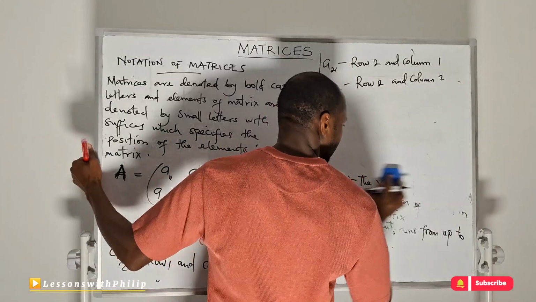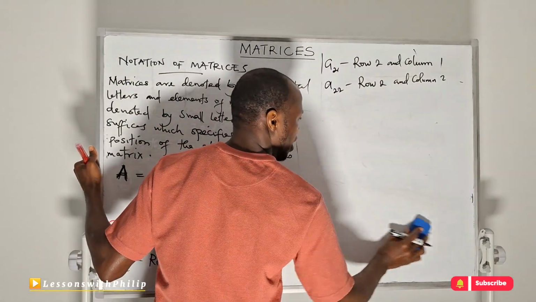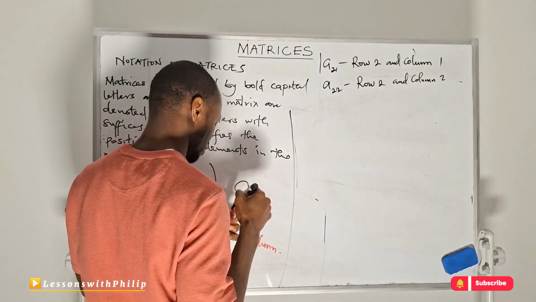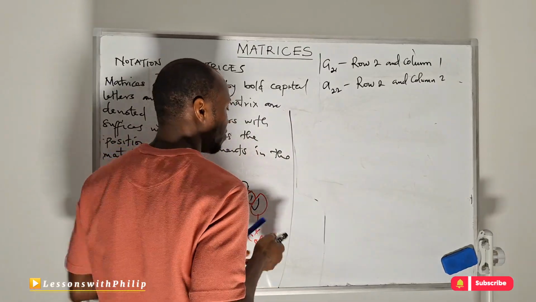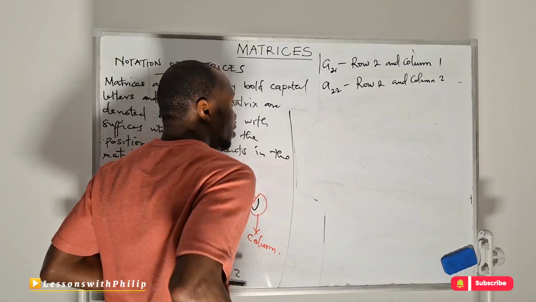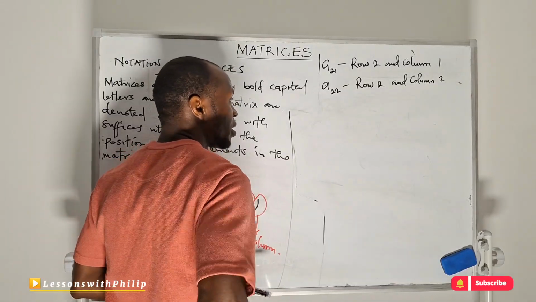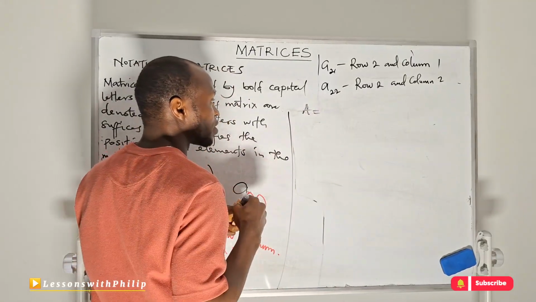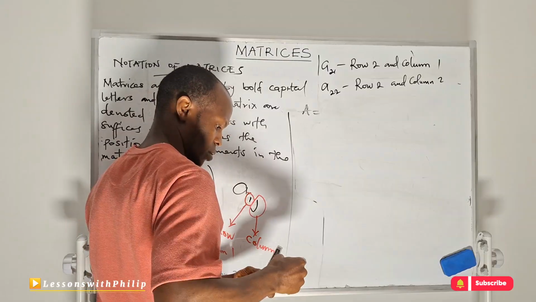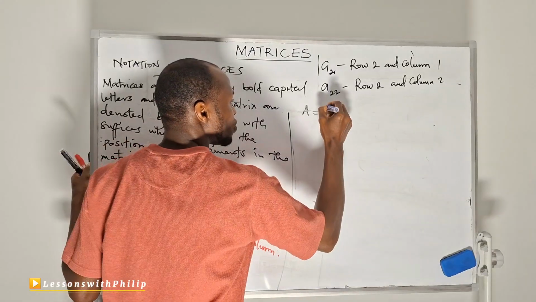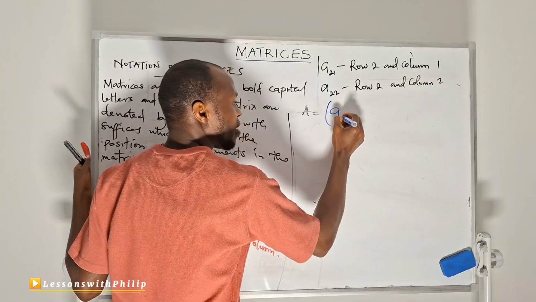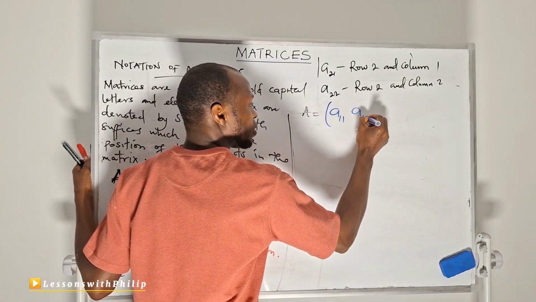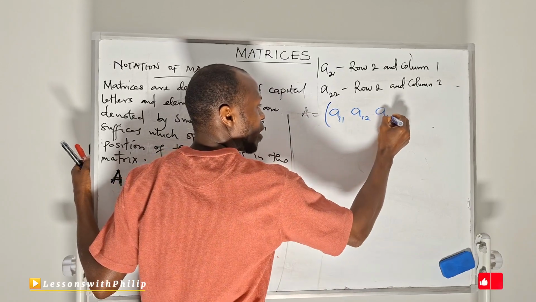Okay, for example, if I have matrix A equals to, this will be A11, this will be A12, this will be A13.